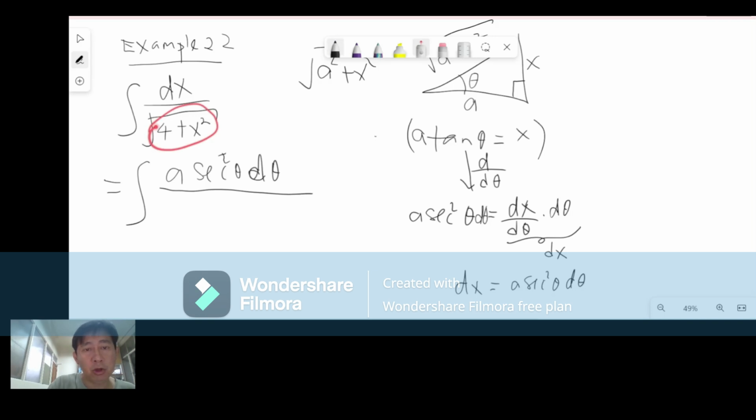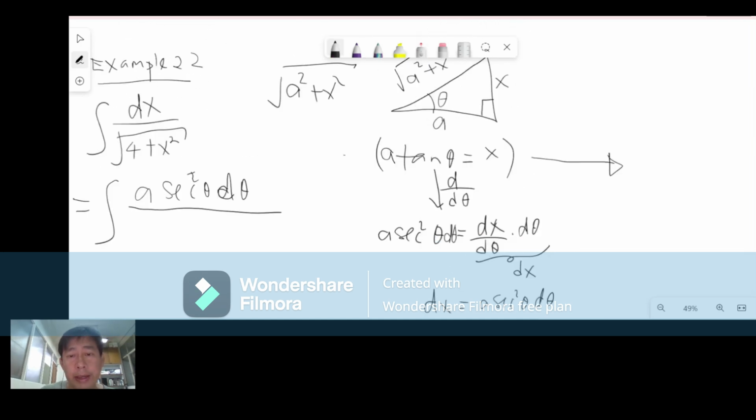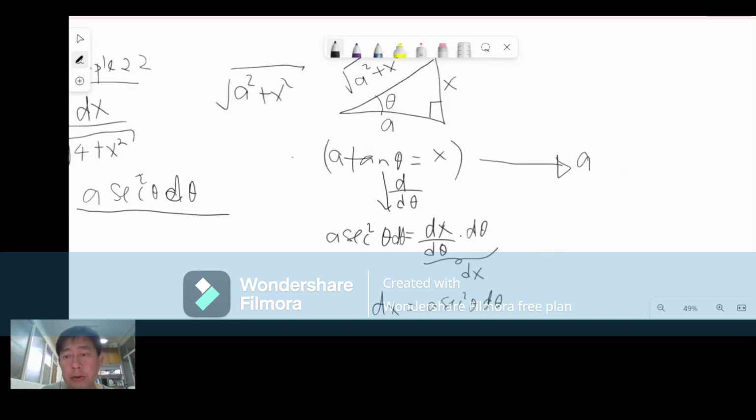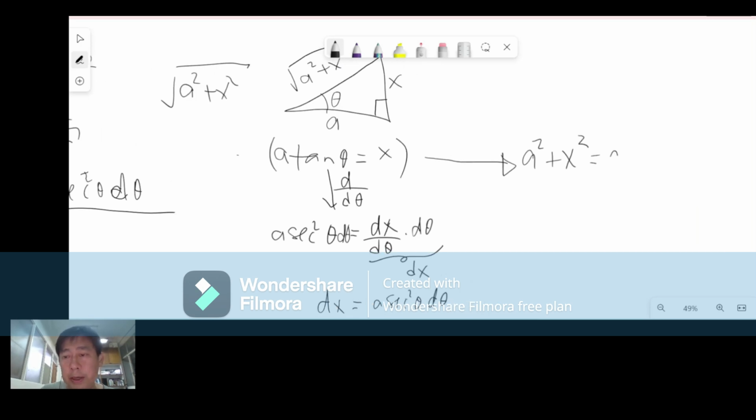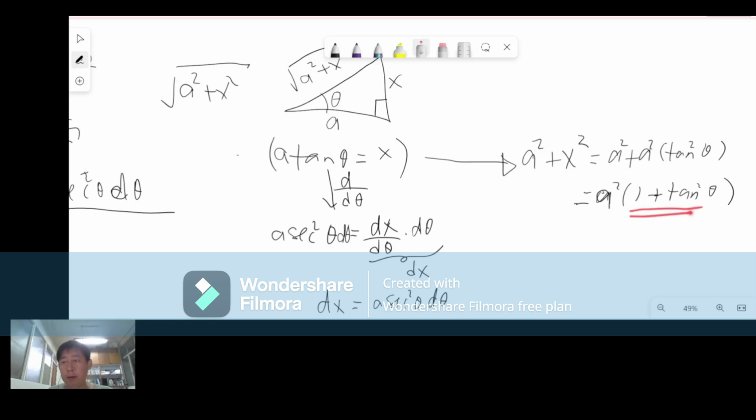For the denominator, we need expressions for a squared plus x squared. I will write down a squared plus x squared by referring to this relationship. A squared plus x squared is simply equal to a squared plus a squared tangent squared theta. 1 plus tangent squared theta is just secant squared theta, due to the identity that 1 plus tangent squared theta is secant squared theta.